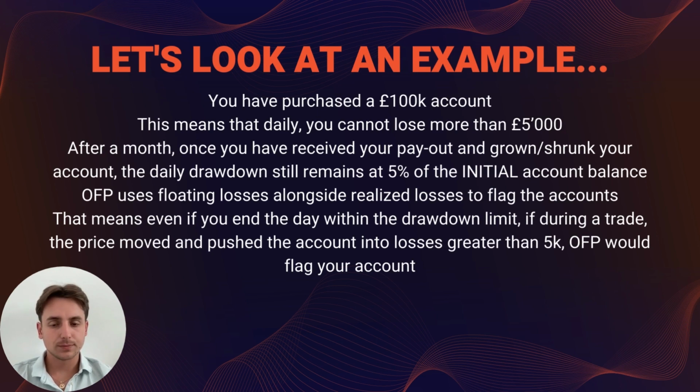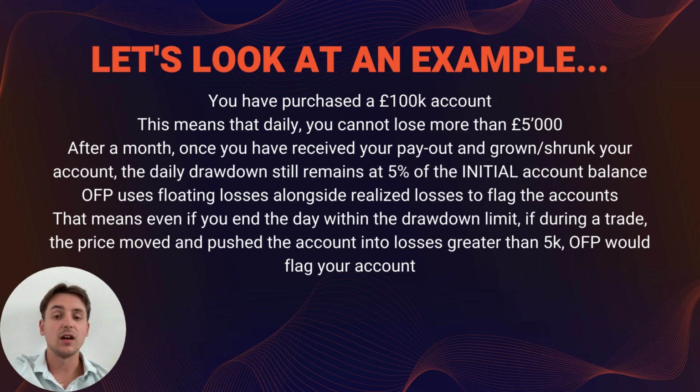So let's look at an example. If you have a 100k account, your daily 5% drawdown limit is 5k. So once you've received your payouts at the end of the month, the overall daily drawdown limit is still only 5% of the 100k. So if you end the month on 105k, the daily drawdown is still 5k.